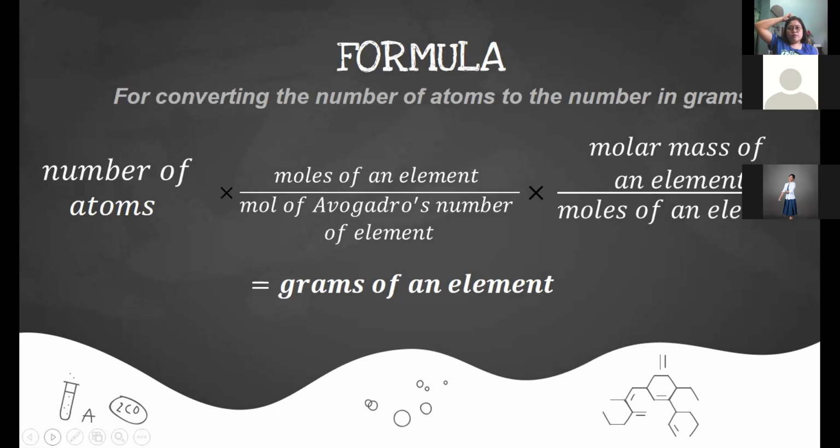For converting the number of atoms to the number in grams, we have number of atoms times moles of an element over Avogadro's number of the element times molar mass of an element over moles of an element equals grams of an element.